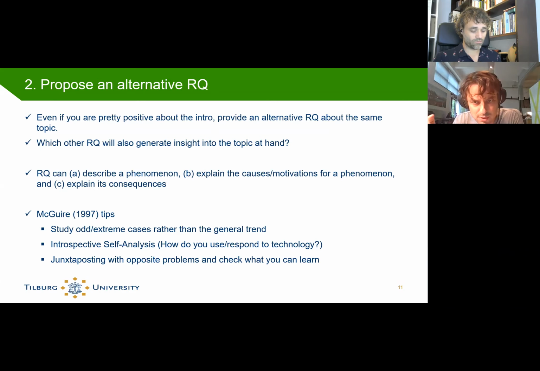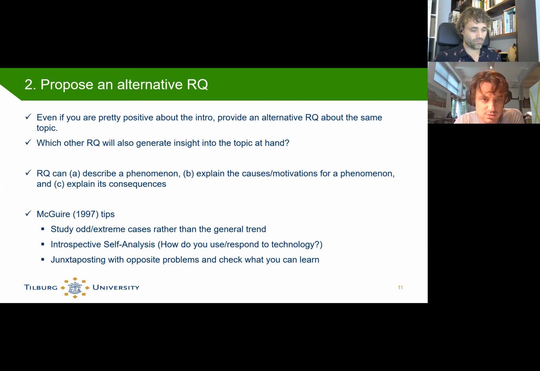To help you a little bit with that, research questions usually do one of three things. They either describe a phenomenon in detail, or they explain it, so they explain why, or which factors contribute, or what motivates people to do certain things. Or thirdly, they may explain the consequences.